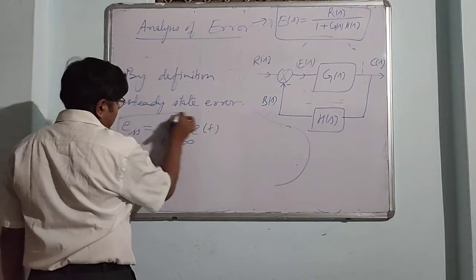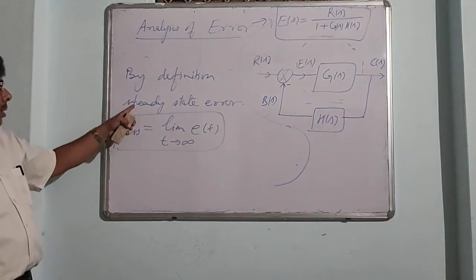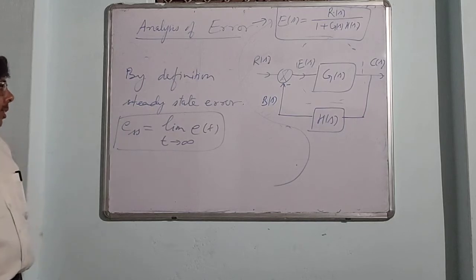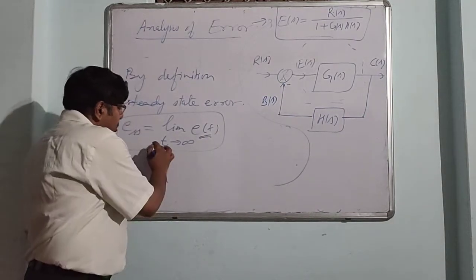This is by definition. This is the definition of steady state error: the value of error when t tends towards infinity.